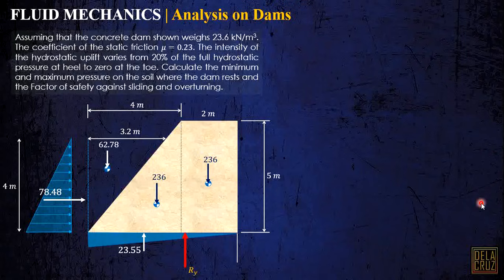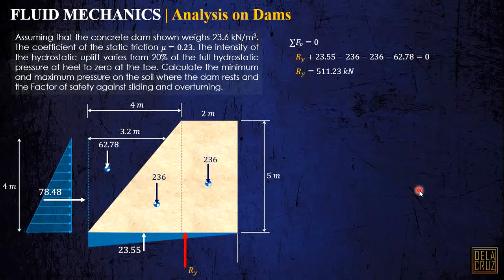That RY can be solved by summation of vertical forces, considering all forces here, and that will be RY plus this one, the upward force, minus the downward forces. Okay, now we can have our RY.